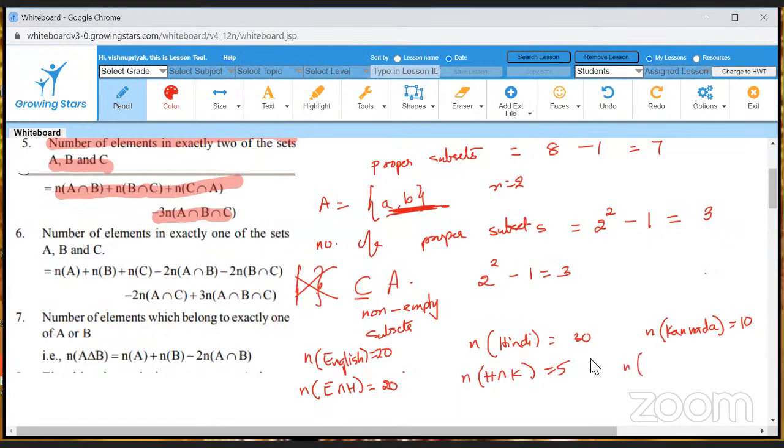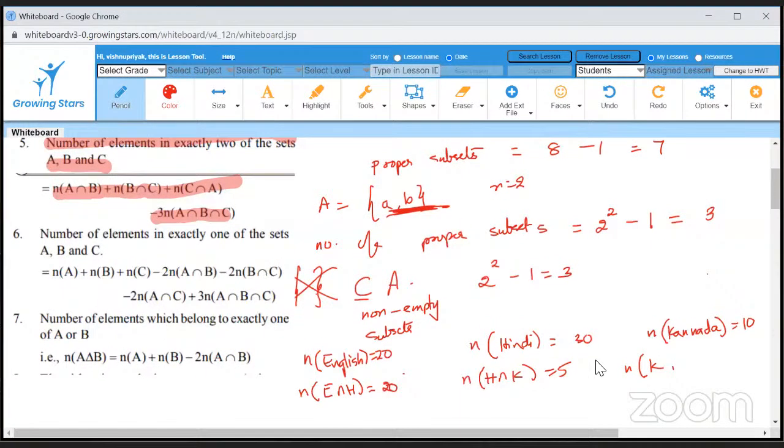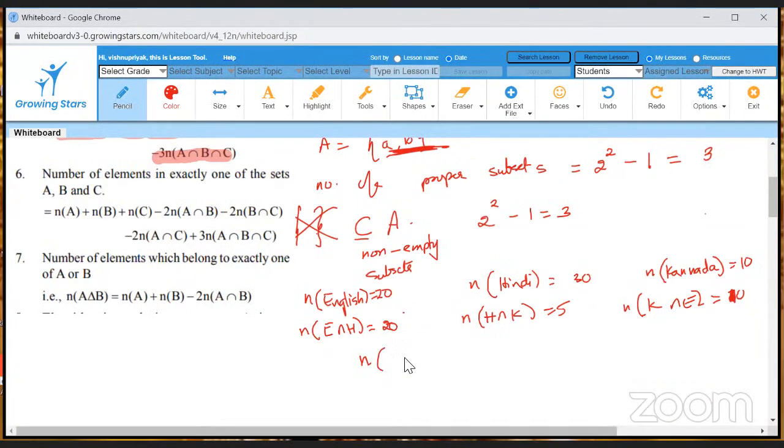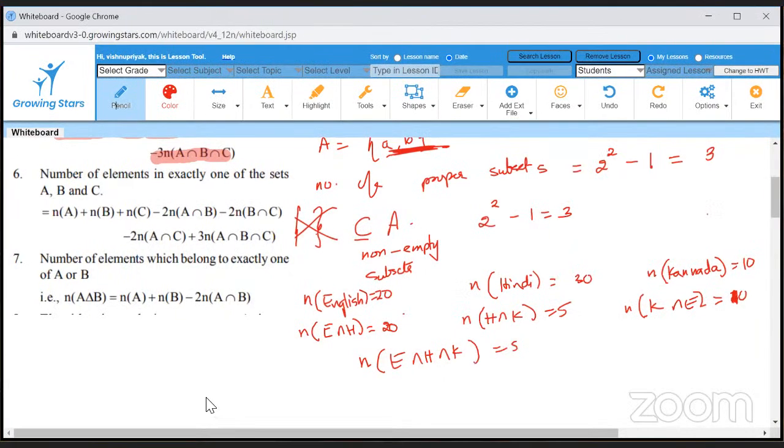Number of people who speak Kannada and English, I can't take 30, I have to take 10.